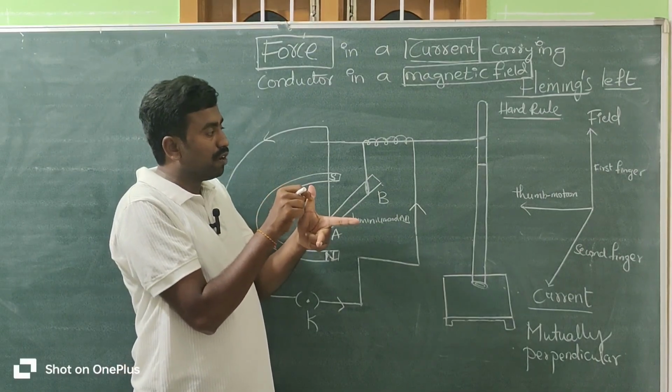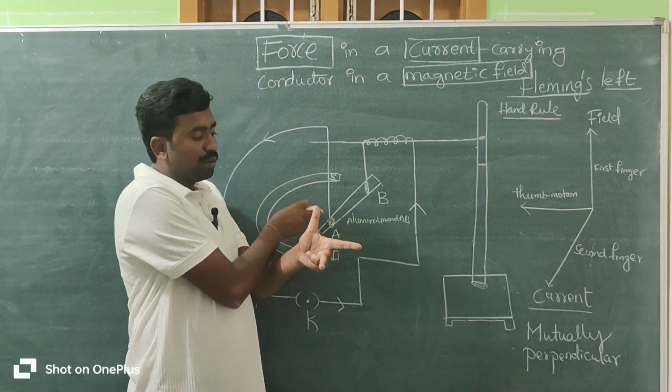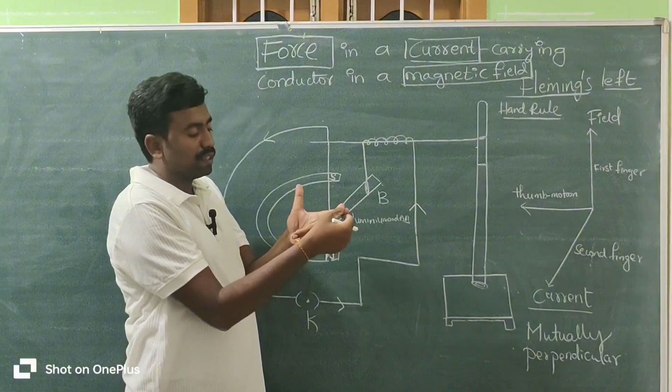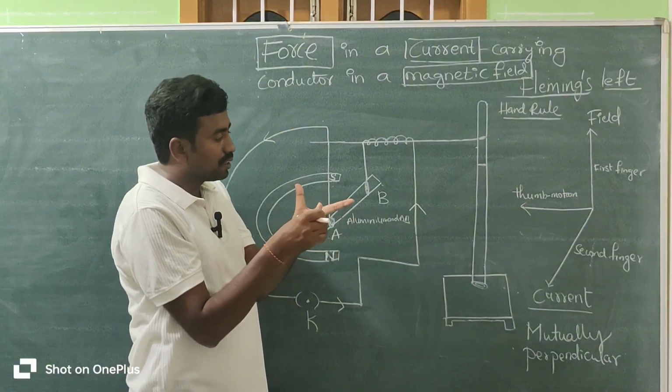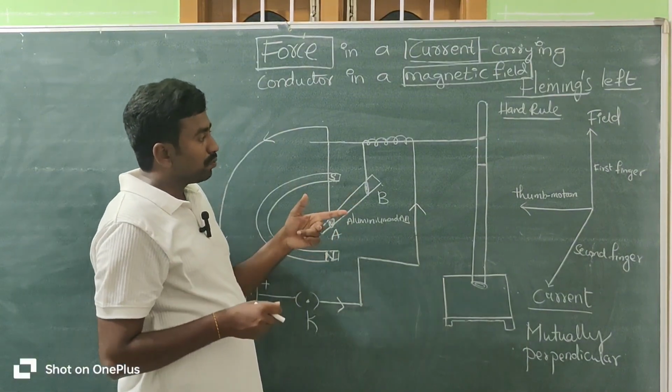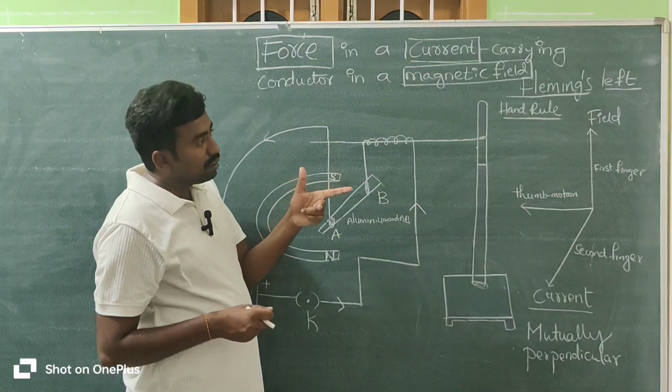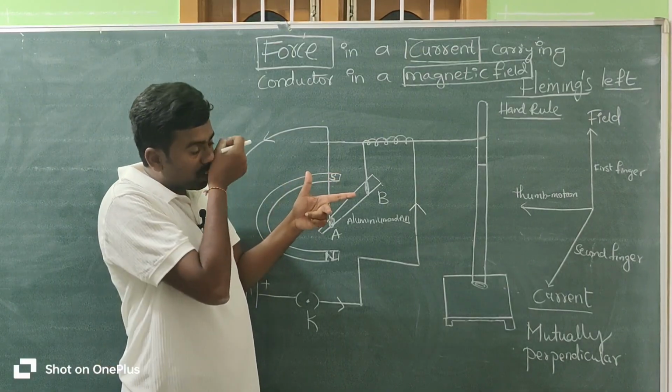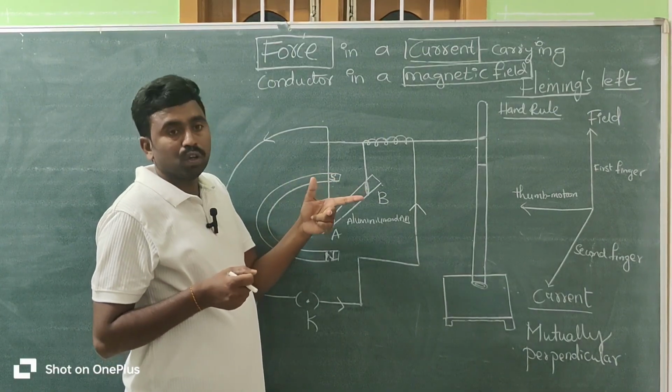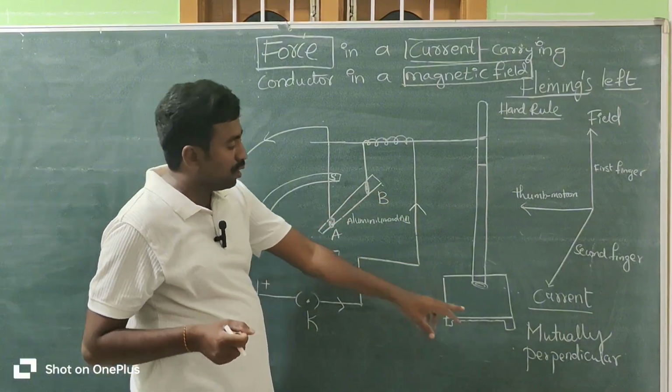The thumb represents the motion of the rod, the first finger represents the direction of the magnetic field, and the second finger represents current. When they are mutually perpendicular, there is a displacement of the aluminum rod.